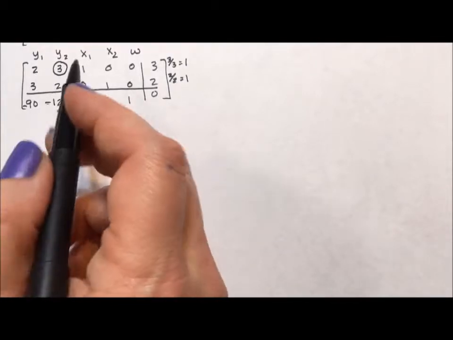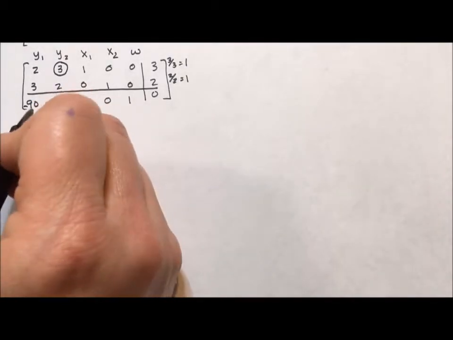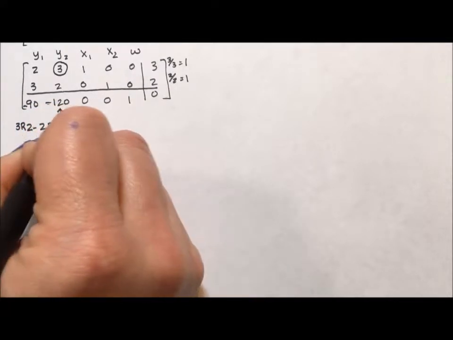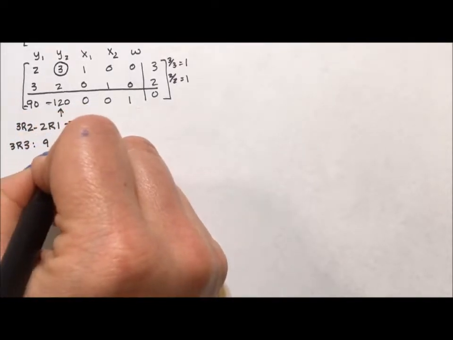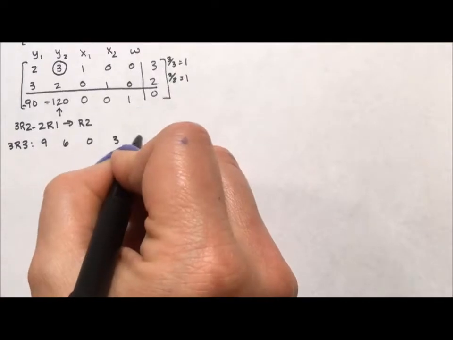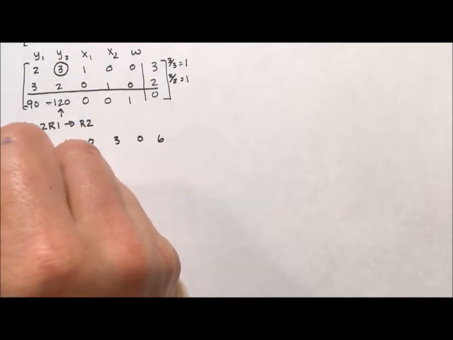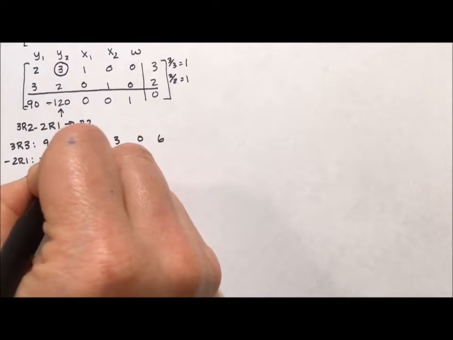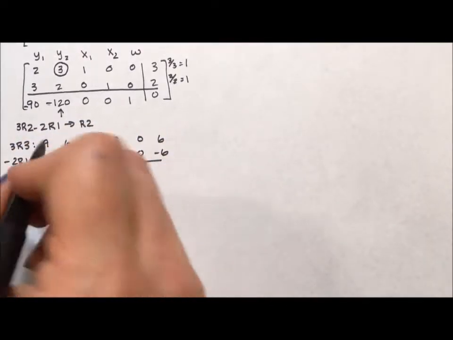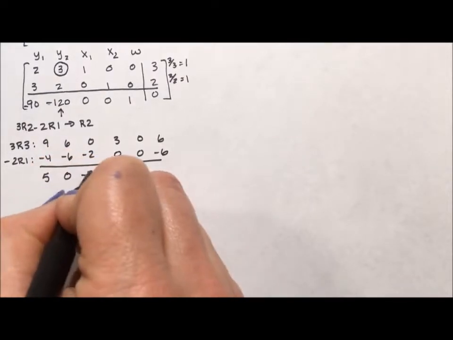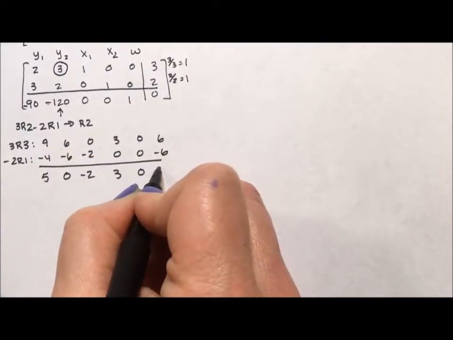Okay, so my first step is going to be 3 row 2 minus 2 row 1, and we're going to put that into row 2. So 3 row 2 is going to be 9, 6, 0, 3, 0, 6, and negative 2 row 1 is going to be negative 4, negative 6, negative 2, 0, 0, negative 6. And when we add down, we get 5, 0, negative 2, 3, 0, 0.